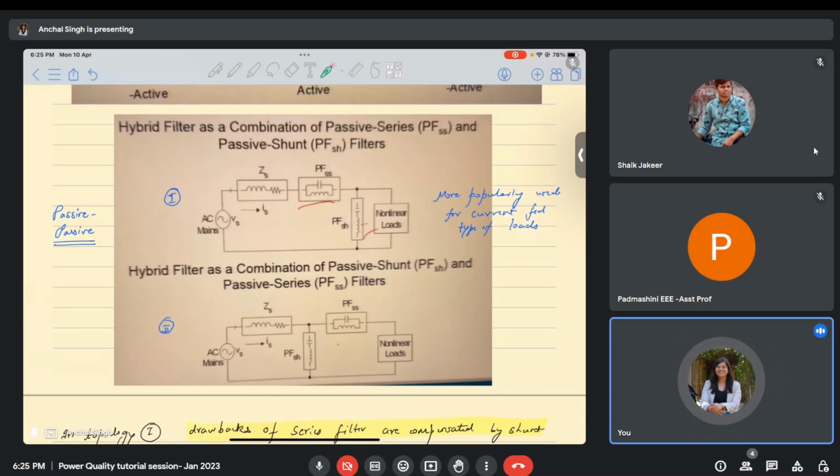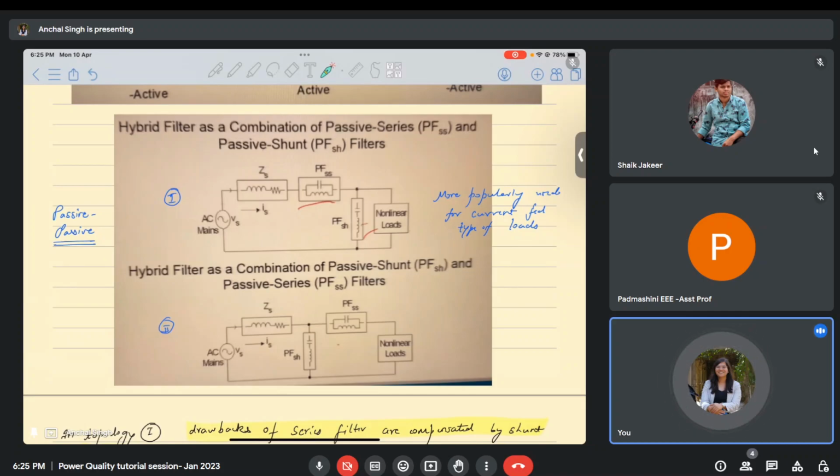I'll repeat one more time. What happens in hybrid filters is that the series filter takes care of the drawback of the shunt filter, and the shunt filter takes care of the drawback of the series filter. And because of that combination, they both together form a very good combination which has very few drawbacks. So that is the reason behind the popularity of hybrid filters.